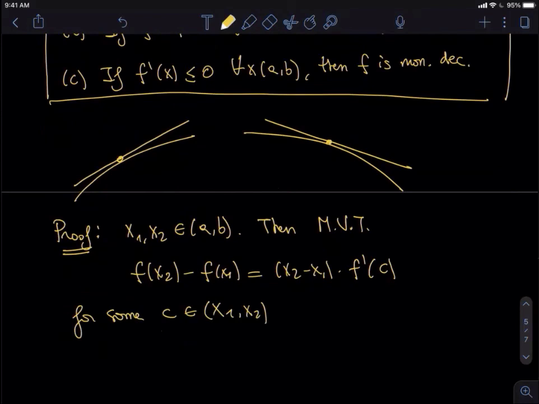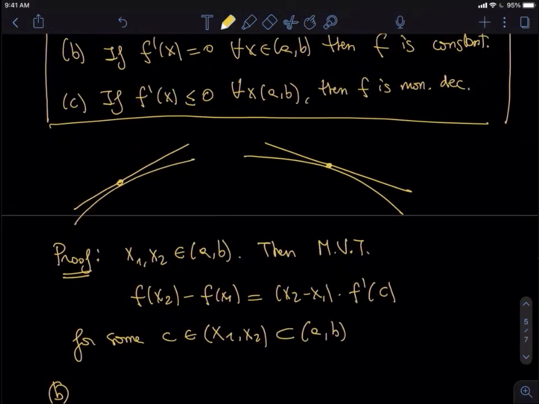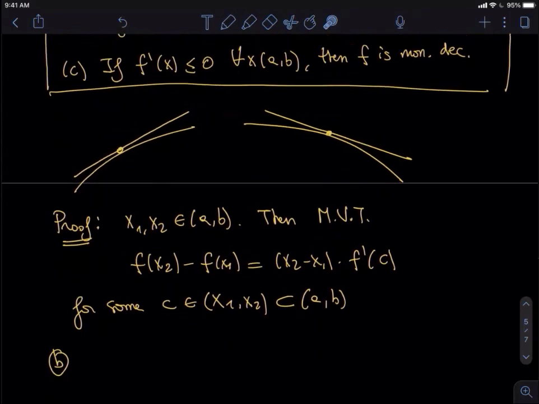Okay, but here that's it. Because let's say this is a subset of (a,b). Let's say that we want to prove B. B is saying that if f prime is equal to 0 everywhere in the open interval, then f is constant.